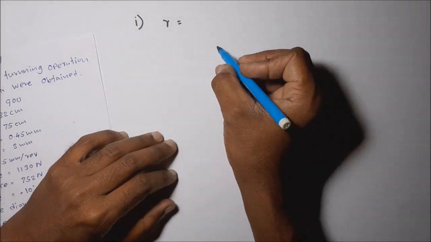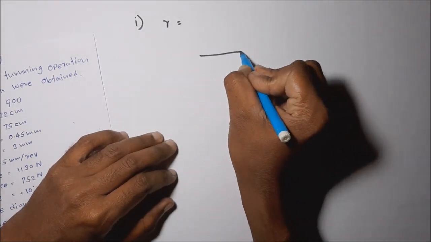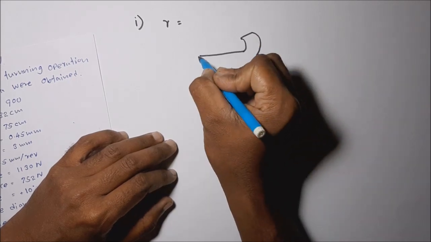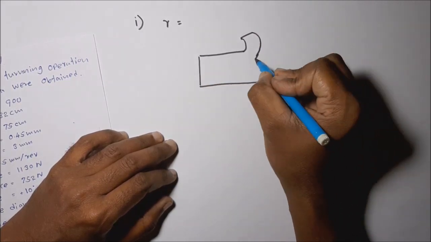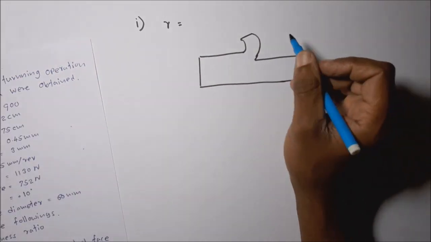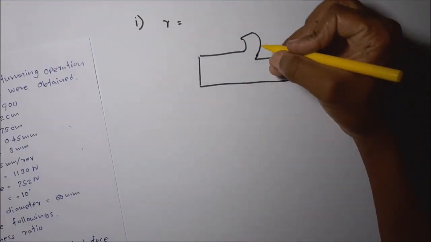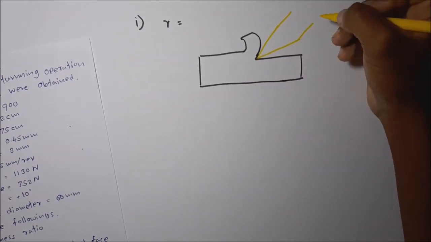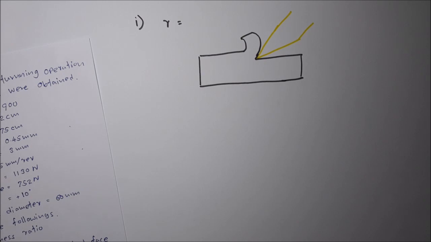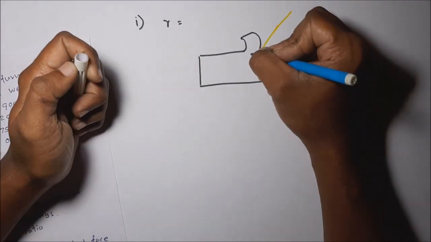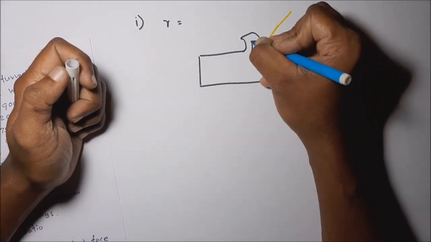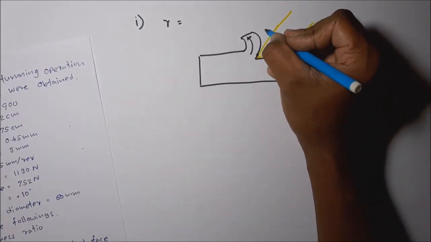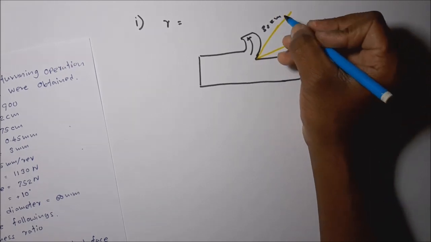First I will draw the diagram for this one. Okay, this is the orthogonal machining operation. Let's take this as the cutting tool. Then the chip length is given, this chip length is 32 centimeters.